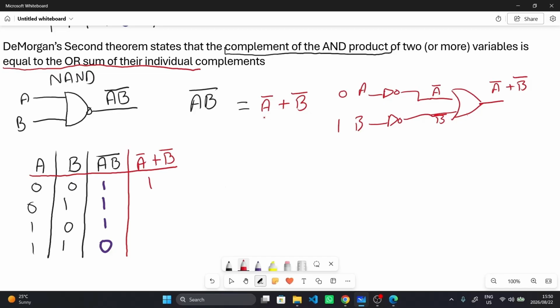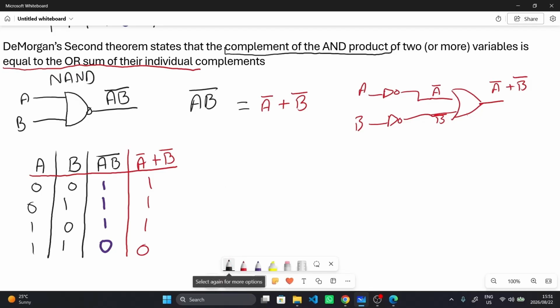So that 0 is inverted to 1, that 1 is inverted to 0. 1 plus 0 is still 1, right? And if you carry on similarly, if both inputs are 1, then they invert to 0, so 0 plus 0 is 0. So as you can see, DeMorgan's theorem is also supported by the truth table, right?